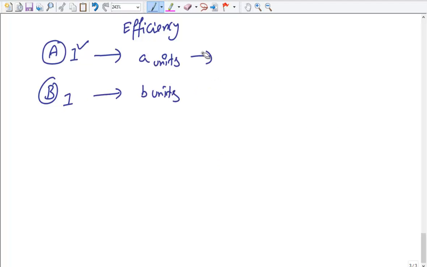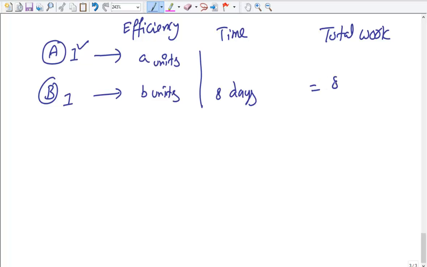Now together they finished the work in 8 days. This is the time. Now total work is going to be 8 times of combined efficiency, that is 8 times of A plus B. This is case 1.